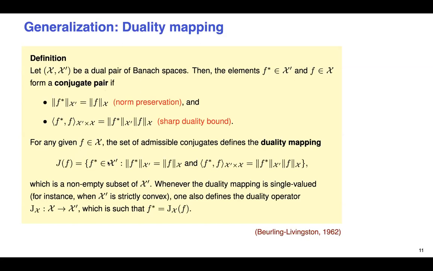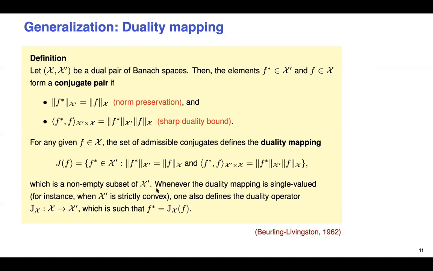Then if we fix a given F, we can look at all the admissible conjugates of that F, which are called F star here. The set of all those admissible conjugates defines the so-called duality mapping. It's well known that those always exist, so the set is not empty.